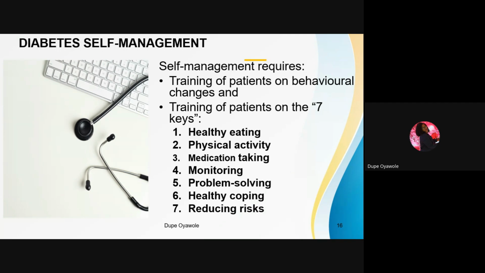Then problem solving: how do they solve problems that will come even before they come to the hospital? Anybody that is empowered and knows can take informed decisions at any point in time. Then healthy coping strategy, and then reducing risk around them.